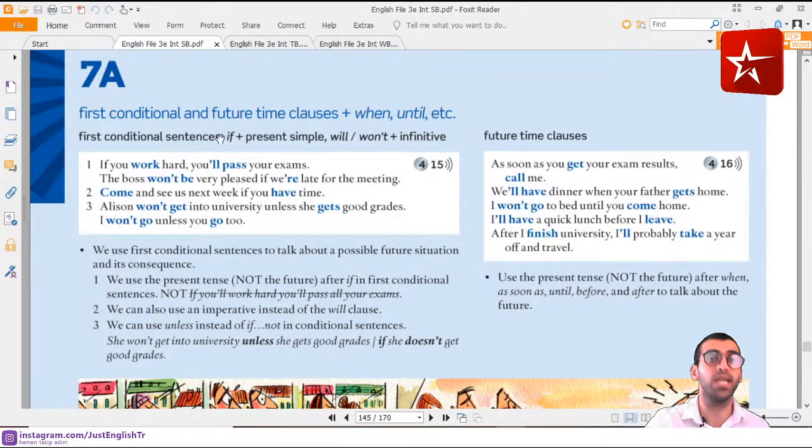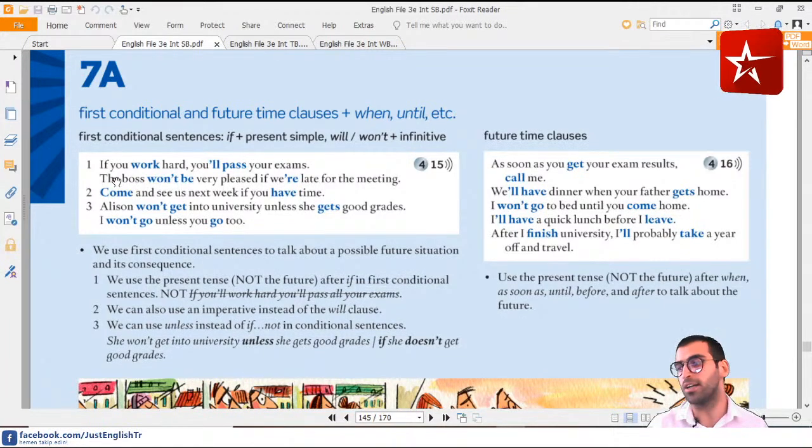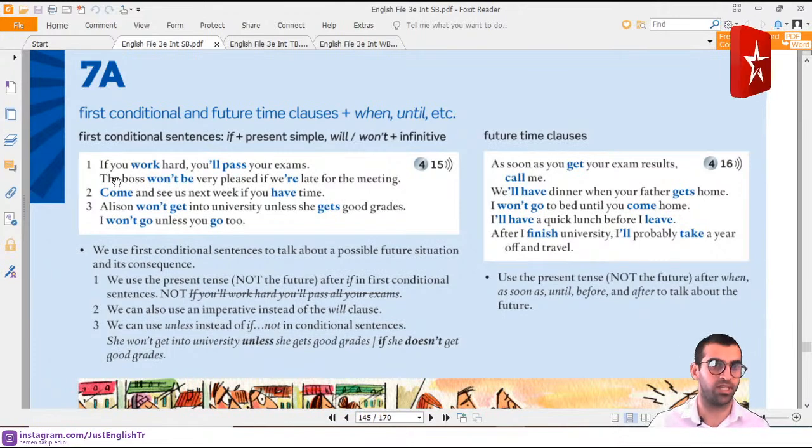And in the main clause, we use future simple. Present simple in the if side, and future simple in the main clause. If you work hard, you will pass your exams.